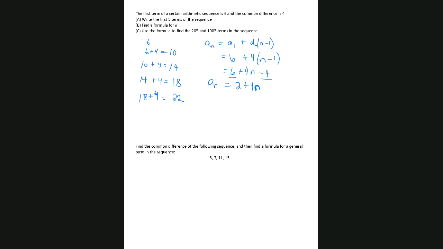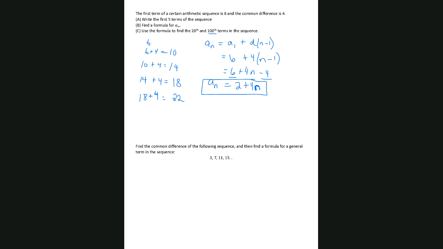So this is the formula for a sub n. Now I can use this to find the 20th term in the sequence and the 100th. So let's find the 100th because we're running out of time a little bit and I want to be able to talk about the next type of sequence. So we'll find the 100th term. All I have to do is put in 100 for n.